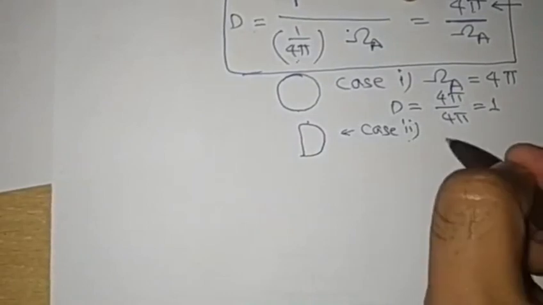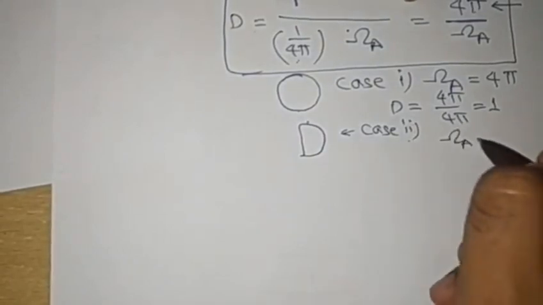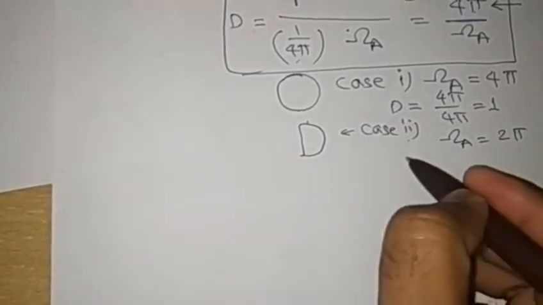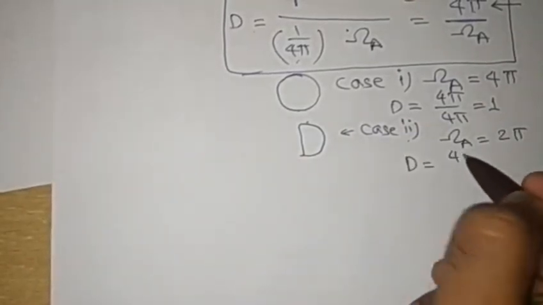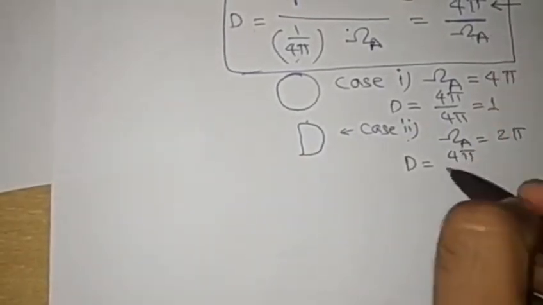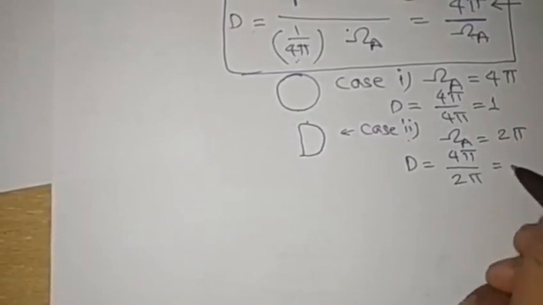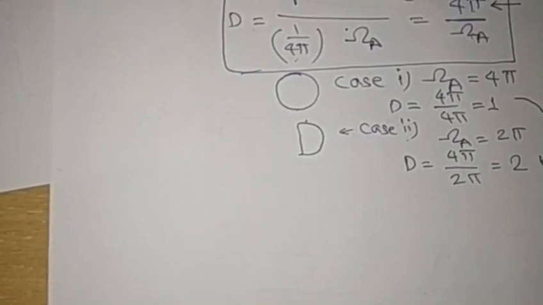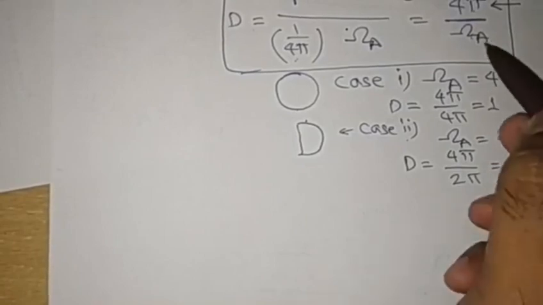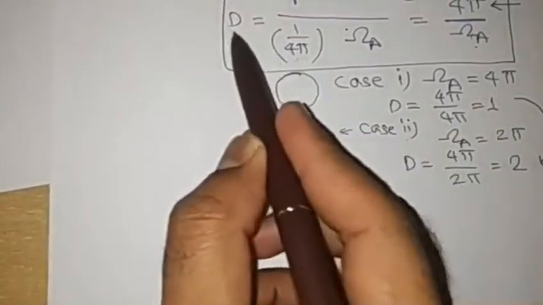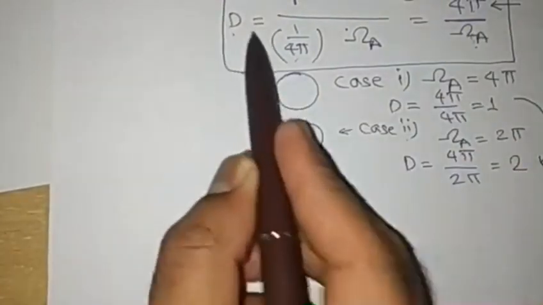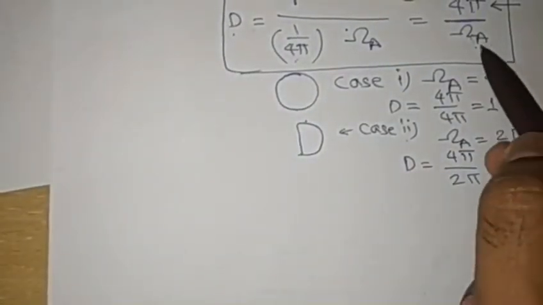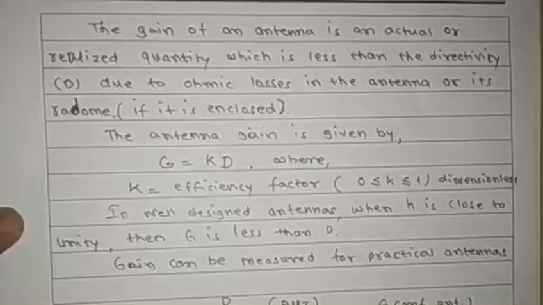Then the omega a value will become half of 4 pi, which is 2 pi. And in that case, the directivity will become 4 pi divided by omega a, which is 2 pi, which is equal to 2. So you can see the dependence of directivity on beam area. Directivity becomes double the moment beam area becomes half.